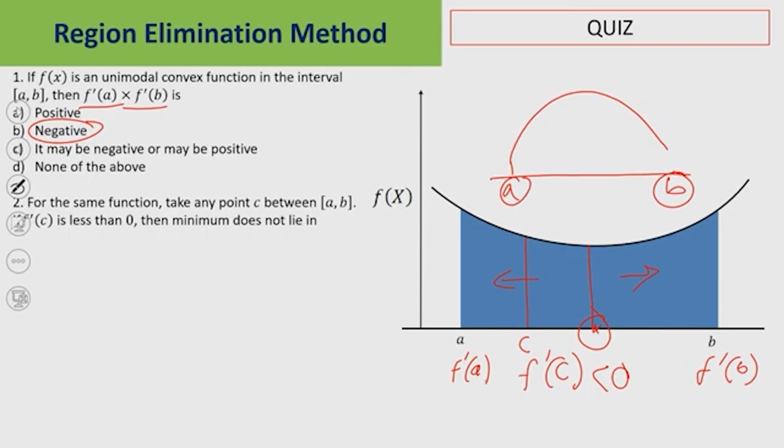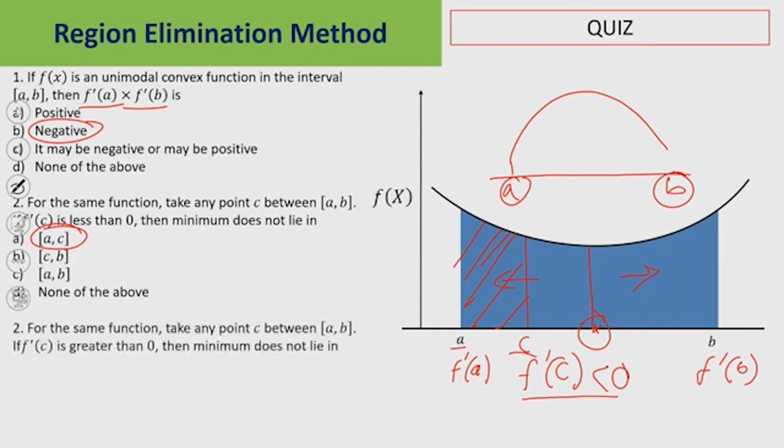Then the minima does not lie between AC, CB, AB, or none of the above. In this case, the derivative at C is less than 0, so the optima is not there in this particular region. You can eliminate that region. Therefore, the answer here is AC.